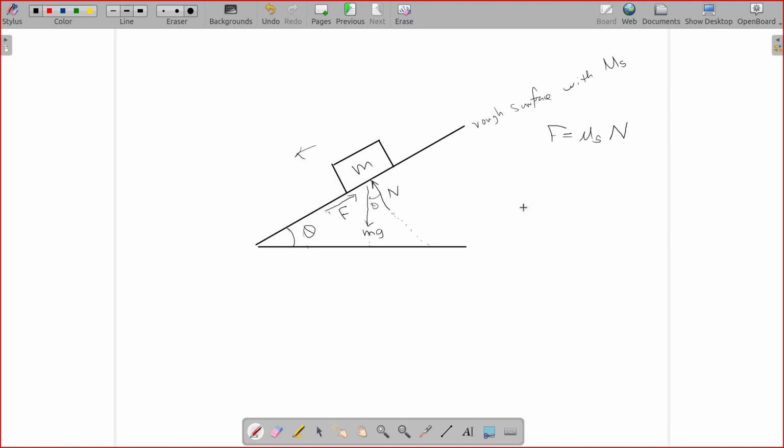That is the only possibility, since mg, f and n, for this object to be in equilibrium, that should be the case.